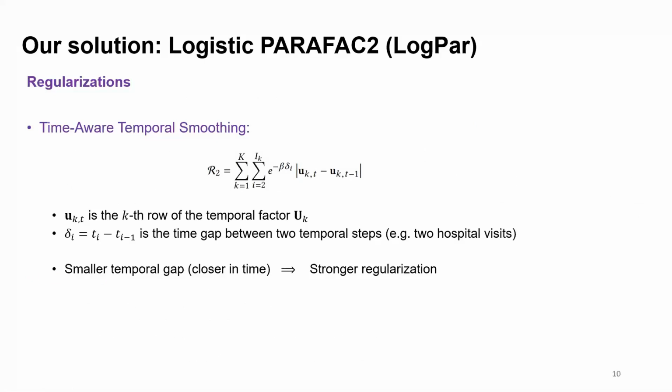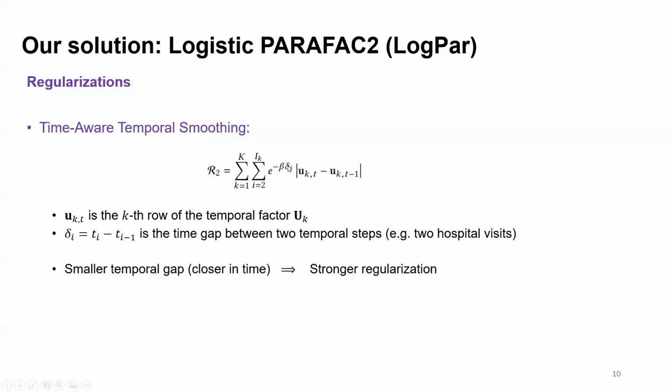And we also propose a time-aware temporal smoothing regularization. Here the UKT is a temporal factor of the subject k at time t, and this UK(T minus 1) is the temporal factor of the subject k at time t minus 1. Here the idea is to penalize the deviation between two consecutive time steps. That means we believe if two points are closer in time, they should be closer in their latent factors.